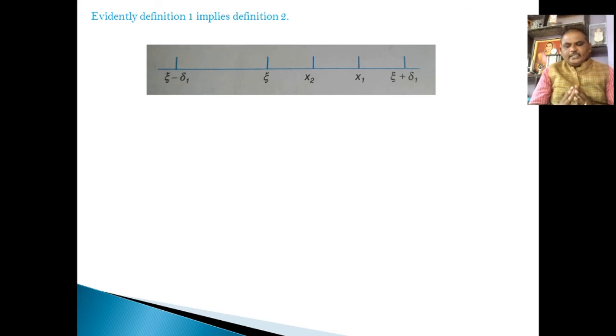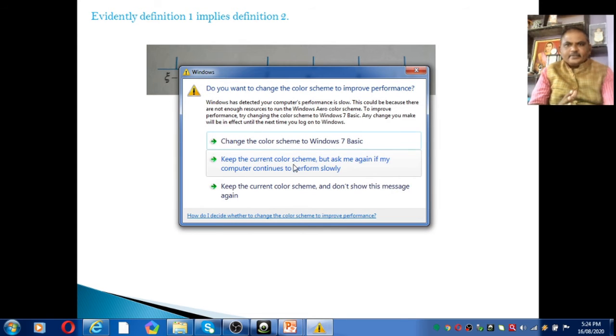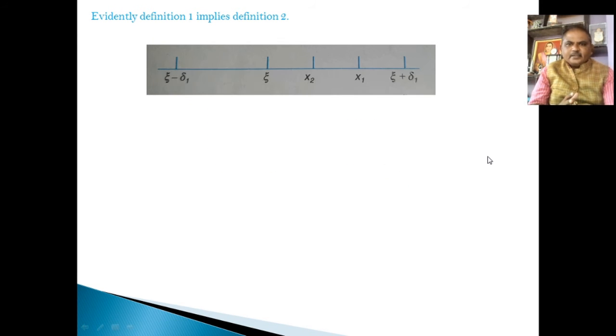Also, it is not necessary that an infinite set must possess a limit point. A sufficient condition for the existence of a limit point is provided by the Bolzano-Weierstrass theorem, which is discussed in the next sessions.